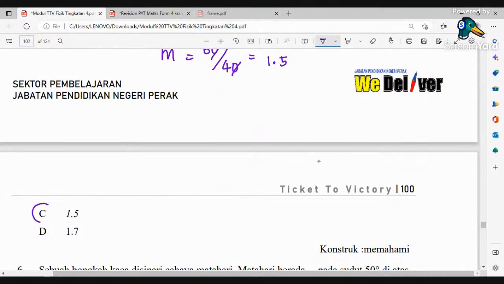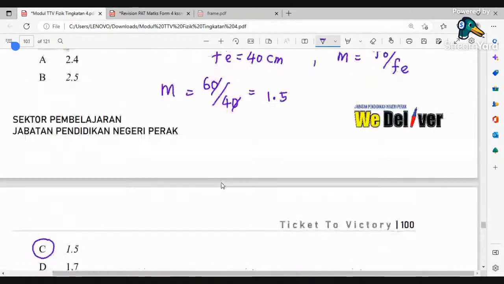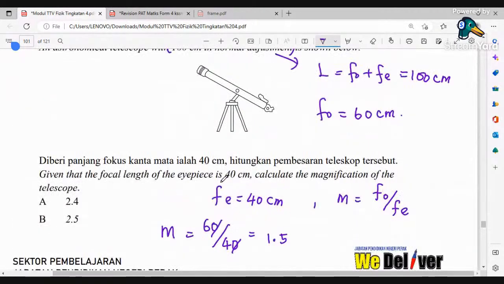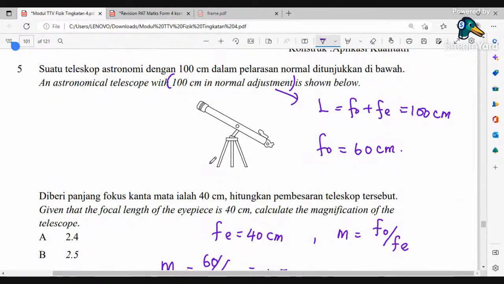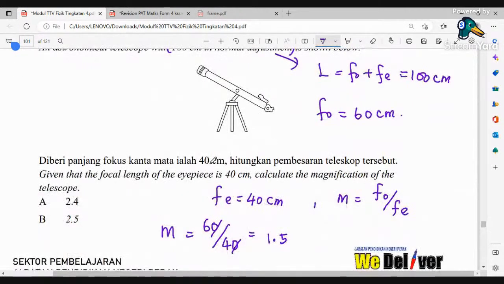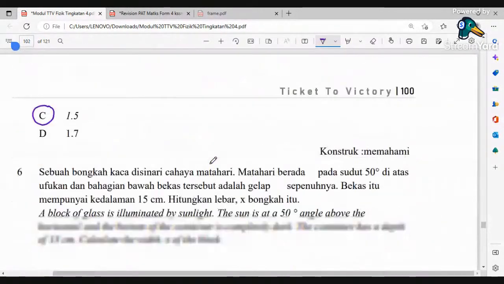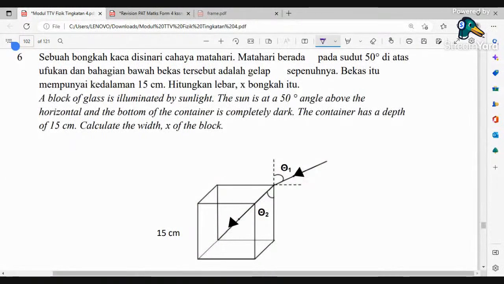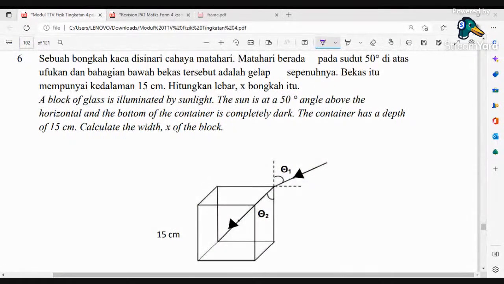So the answer is C. Nampak ini formula, understand this one?